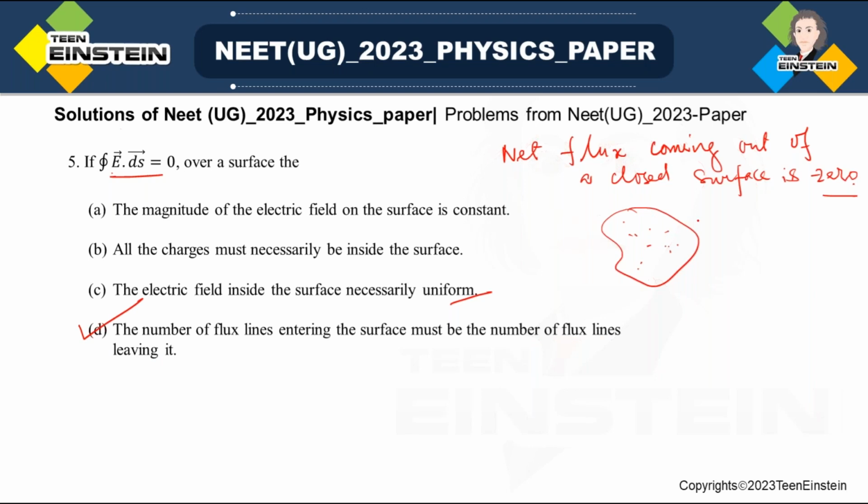See, if there is a surface like this and the flux lines entering are just coming out, what will be the net flux inside? There will be nothing. So that is the reason the net flux is 0.